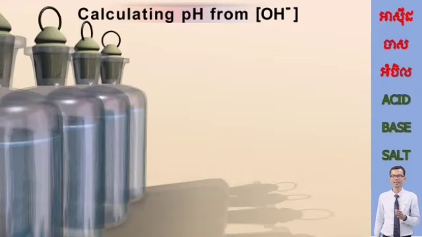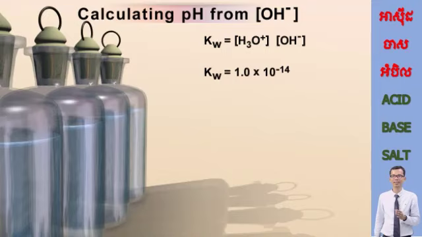You have already learned that the product of the concentration of hydroxide ions and the concentration of hydronium ions equals the ion product constant, 1 times 10 to the minus 14th. Therefore, dividing the ion product constant by a known concentration of hydroxide ions gives you the concentration of hydronium ions.